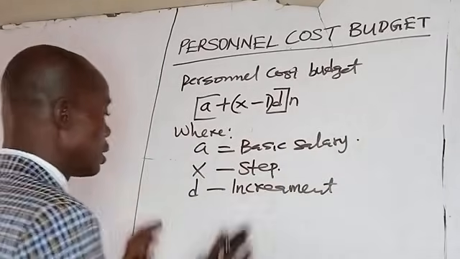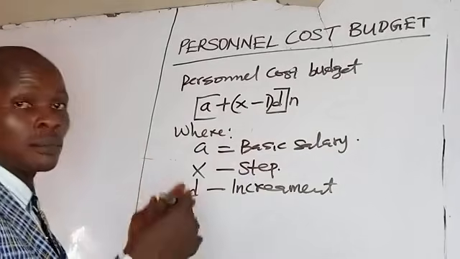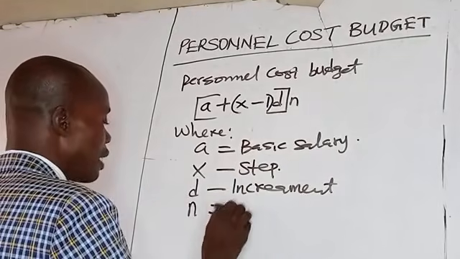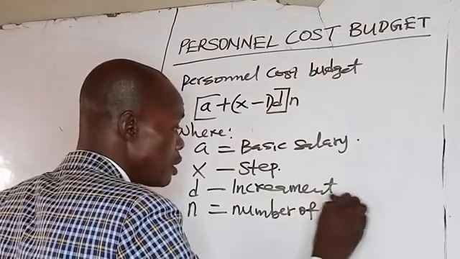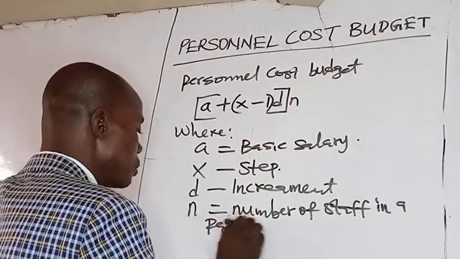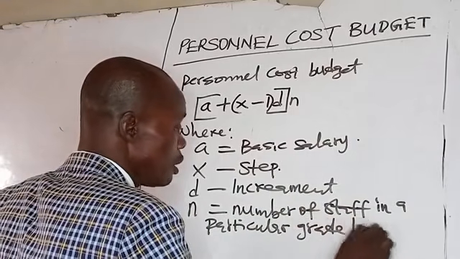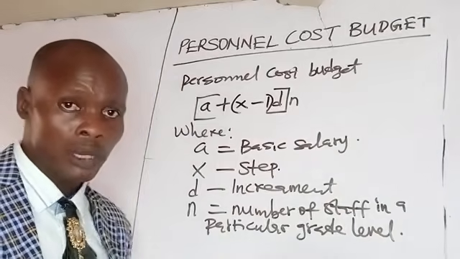Increment, or the difference, is the amount by which the salary rises. This N is the number of staff in a particular grade level. This is the formula for calculating the personnel cost budget.